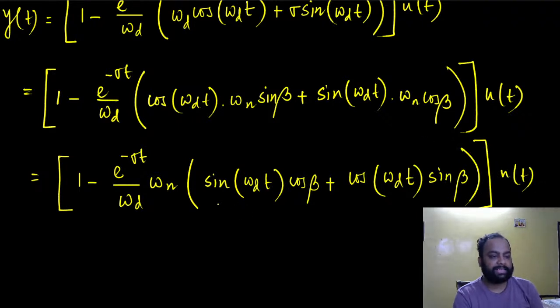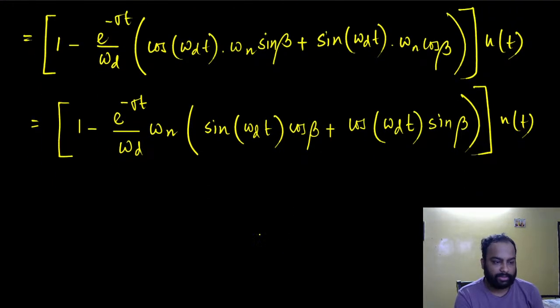This is like sine a cos b plus cos a sine b, which essentially is sine of a plus b, where a is this one and b is this one.